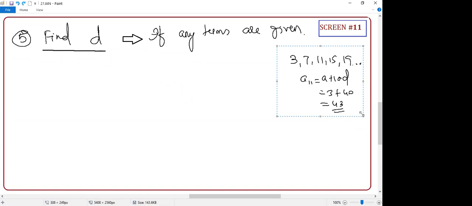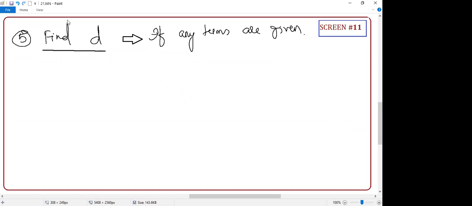Don't worry, don't imagine anything, I'm just giving you a sequence. The 5th term is 19, the 11th term is 43. How will you find the common difference? Tell me.